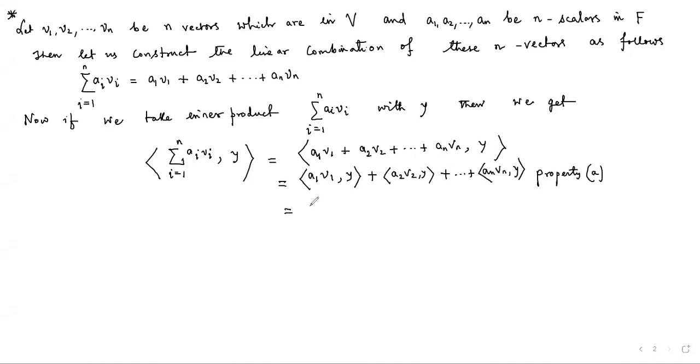And if I use property 2, the scalar will come outside. We'll get a1 times the inner product of v1, y plus a2 gets common, v2, y plus dot dot dot plus an gets common, vn, y, which can be written again as summation i goes from 1 to n of ai times the inner product of vi comma y.